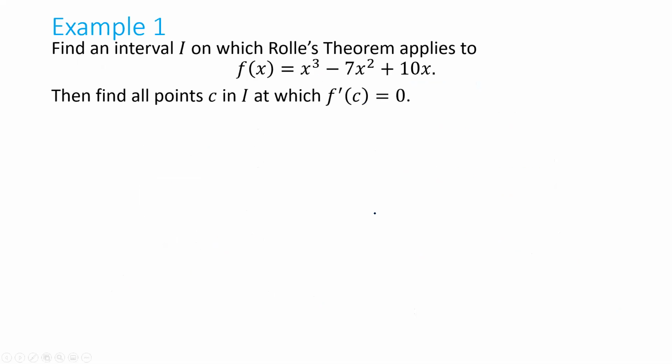So let's think about an example like this, given the function f of x equals x cubed minus 7x squared plus 10x. First of all, we notice that it's a polynomial, so it's definitely continuous and differentiable everywhere.